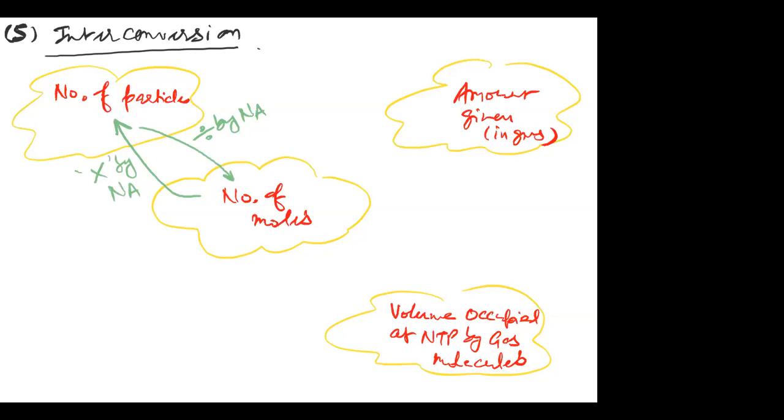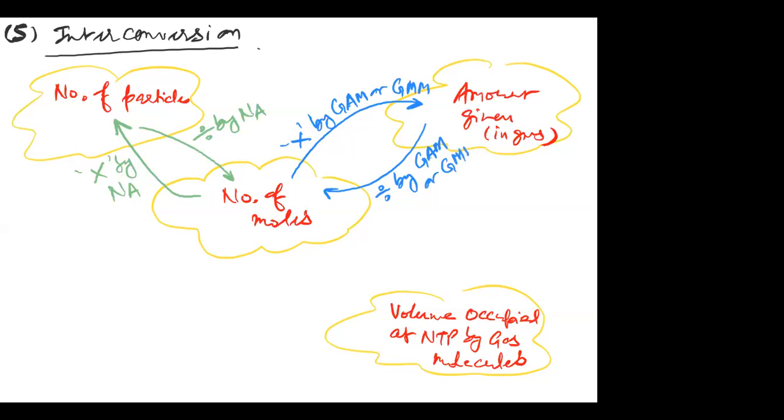Similarly, from number of moles, if we have to find the amount, it needs to be multiplied by gram atomic mass or gram molecular mass, and from amount to moles it is divided by gram atomic mass or gram molecular mass. It is as simple.